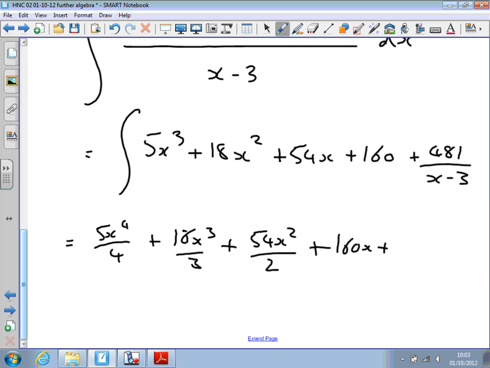plus 160x plus, this turns out to be actually a standard integral. It's 481 times the integral of 1 over something, which is in fact the natural log of it. Logarithm x minus 3 plus c. And we'll do some of those, but to remind you of these integrals, okay?